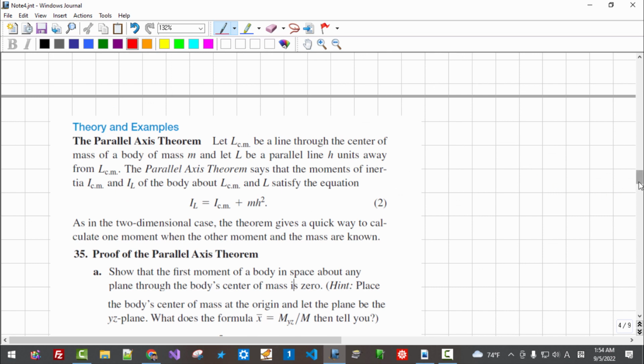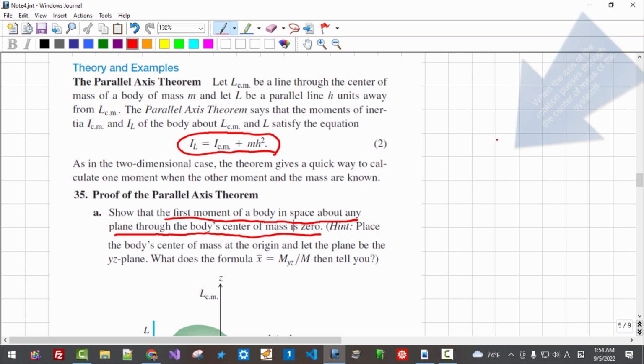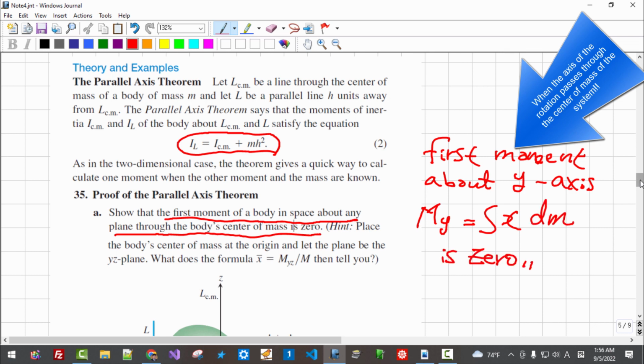In this theorem, we are going to prove this relationship. Show that the first moment of a body in space about any plane through the body's center of mass is 0. First moment about the y-axis, My equals the integral of x dm, is 0. Scroll up.